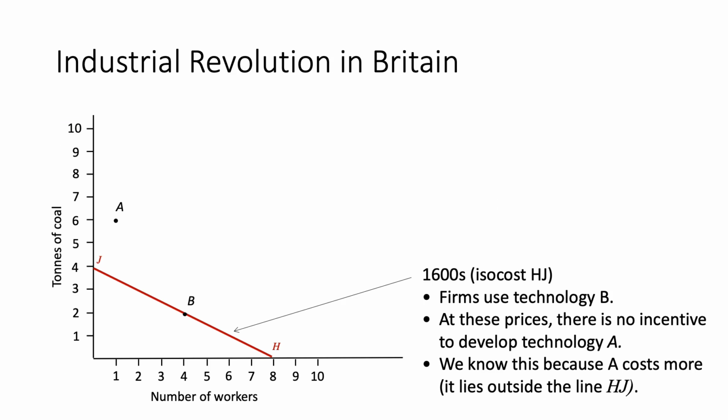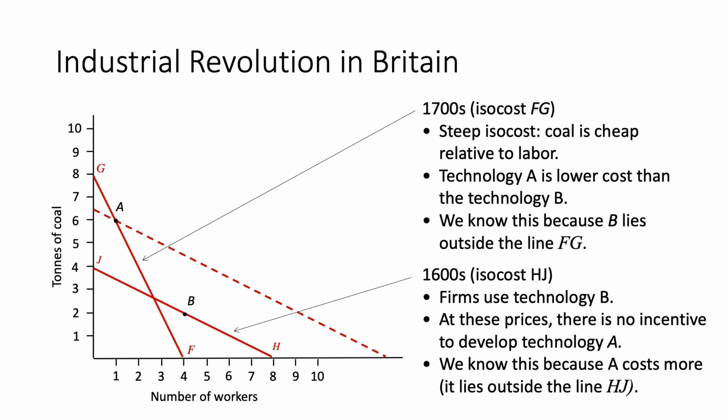Walking through our example again with Britain and illustrating it through our model, we can see that in the 1600s, the firms were using technology B. And this is because, in this case, coal was very expensive, and so no firm would ever want to use technology A. We can see it being outside of the isocost line here.